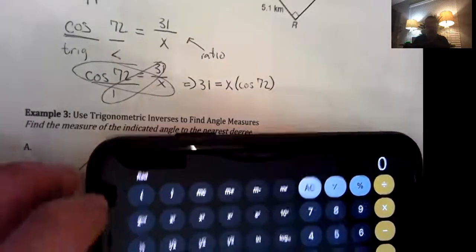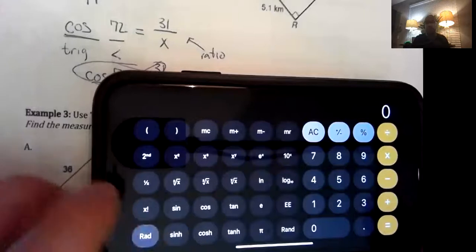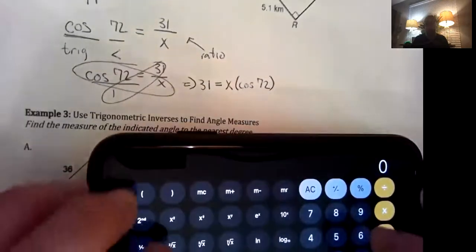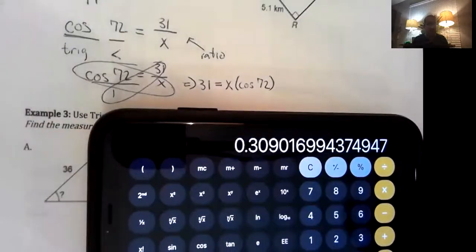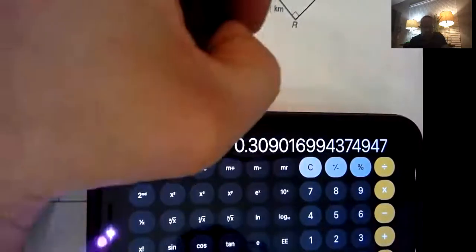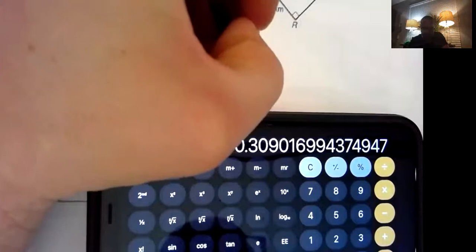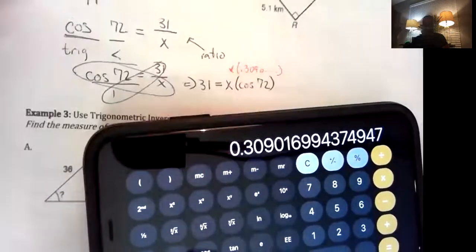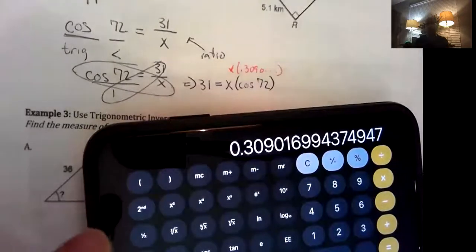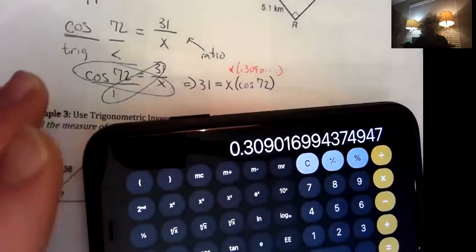I'm going to shift that over by hitting the degree. And I'm going to try that again. So 72 with the cosine. This number right here, it's really x times 0.309 and so on. Now I'm not going to write it like that. I'm going to keep it as the cosine of 72.